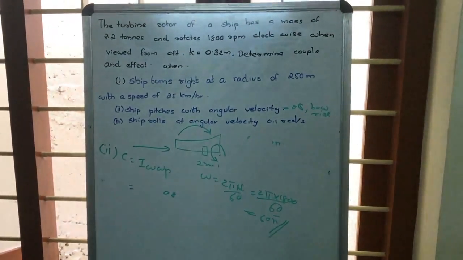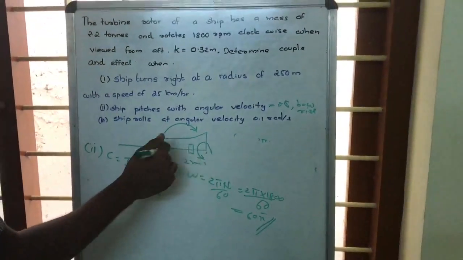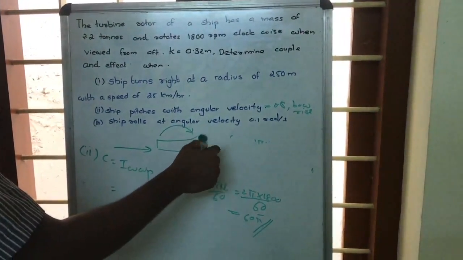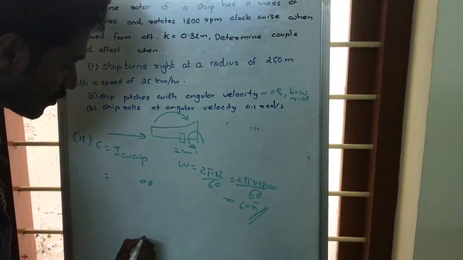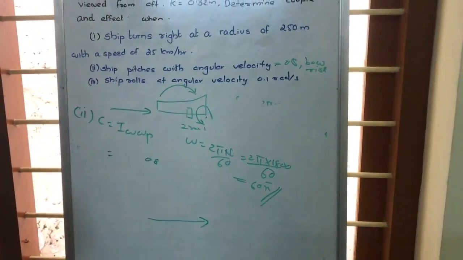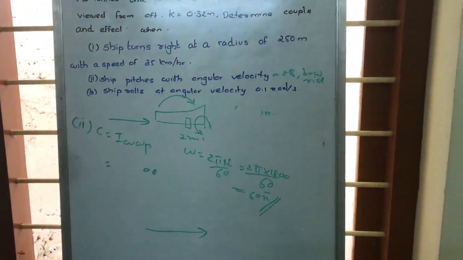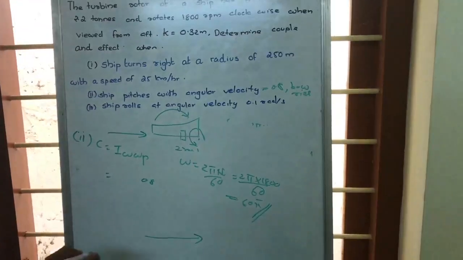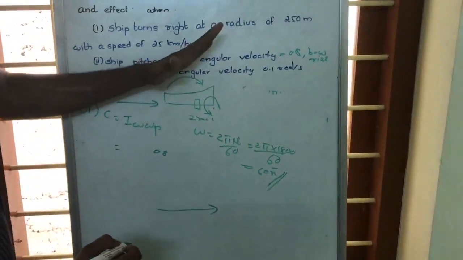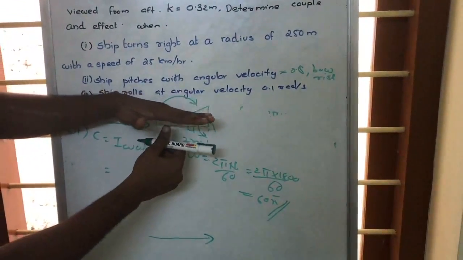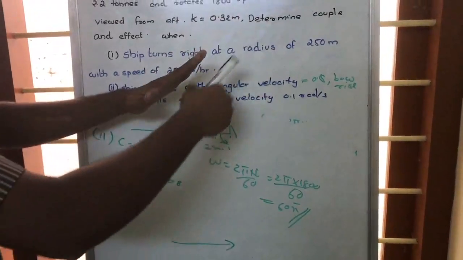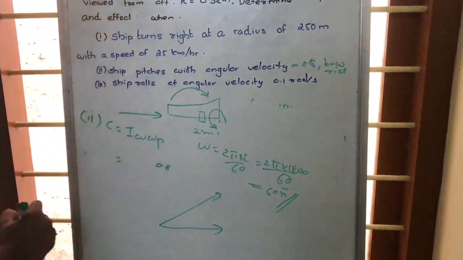Then the effect. Here it is given that the ship's rotor is rotating in the clockwise direction. So we have angular velocity towards the propeller or towards the turbine. Then it is rising. Rising means the ship is rising somewhat like this. That means the angular velocity direction rises, so it will be somewhat like this.